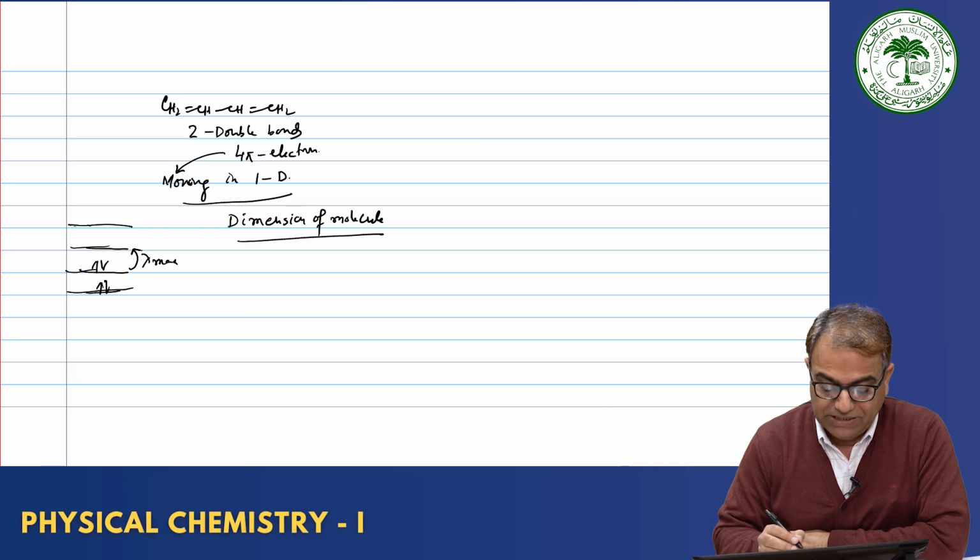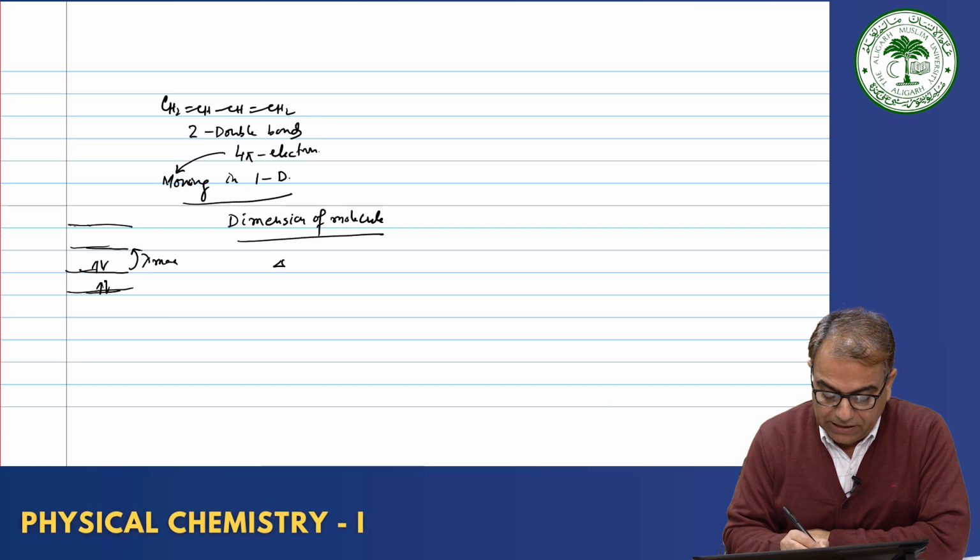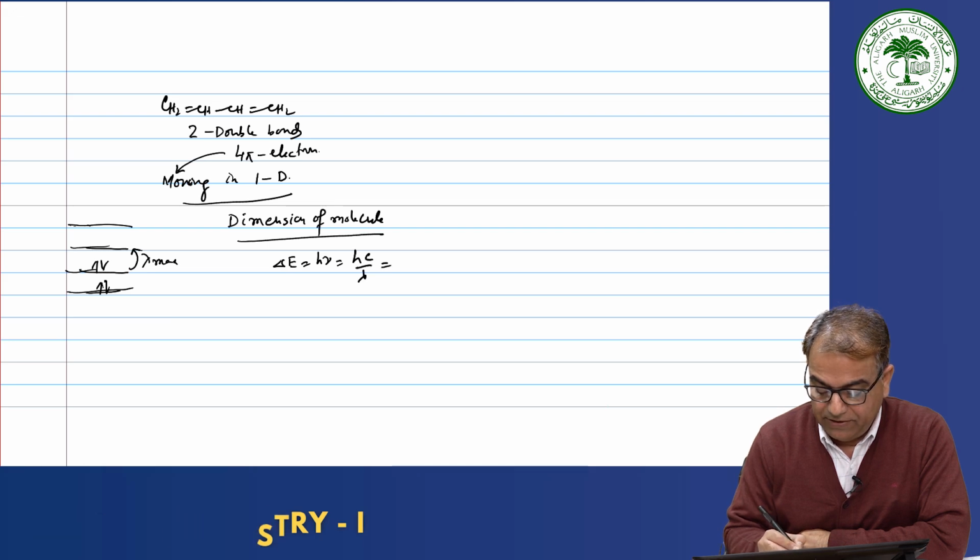If you know the dimension of the molecule, in angstrom or in nanometer, you know the size of the molecule, then simply delta E, which is h nu, which is hc by lambda, we have calculated as h square divided by 8 m a square into nf square minus ni square.